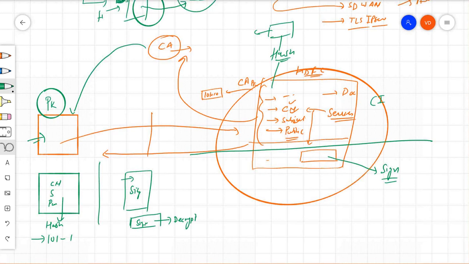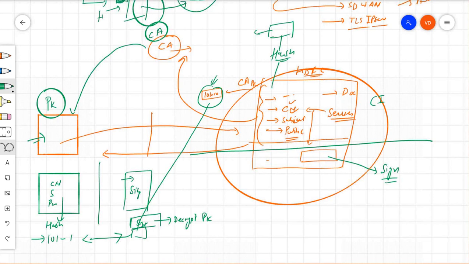This hash value was encrypted using the private key, so I can decrypt it using the public key of the certificate authority. Very simple. And once I decrypt it, I will get this number, which should be the same.